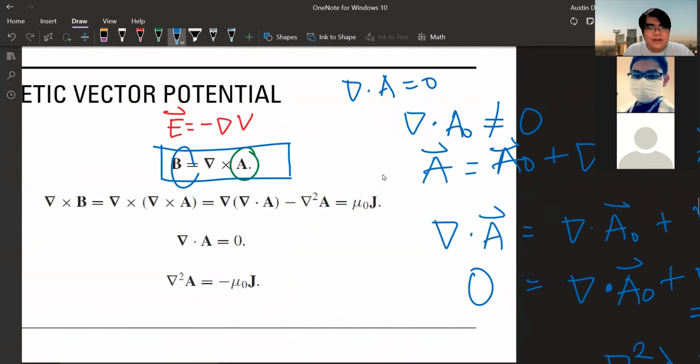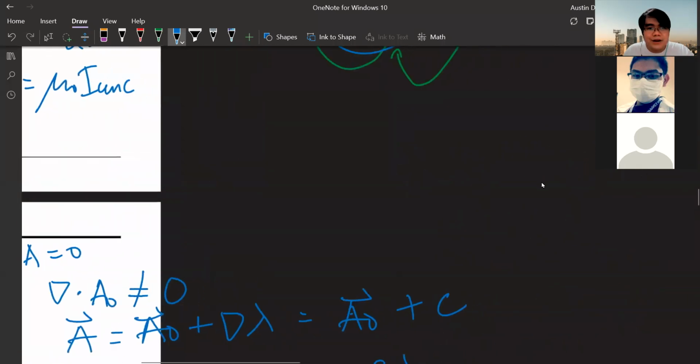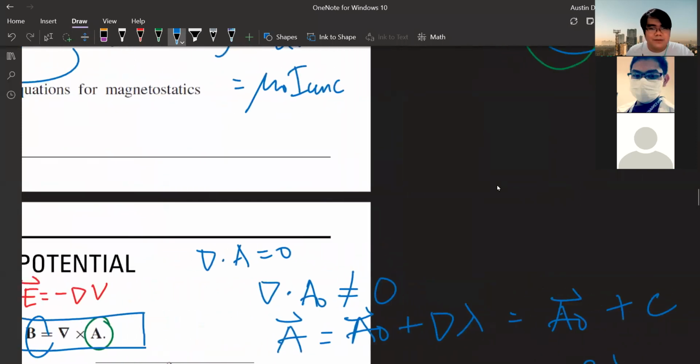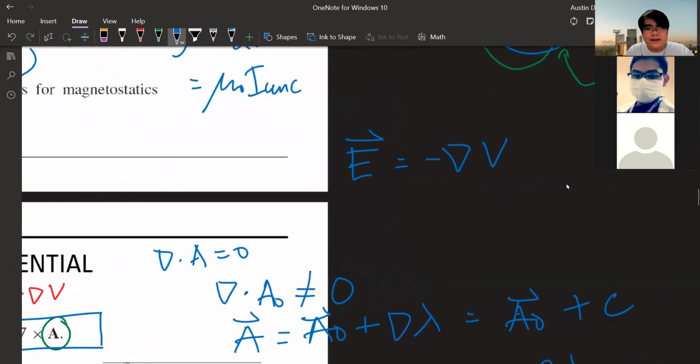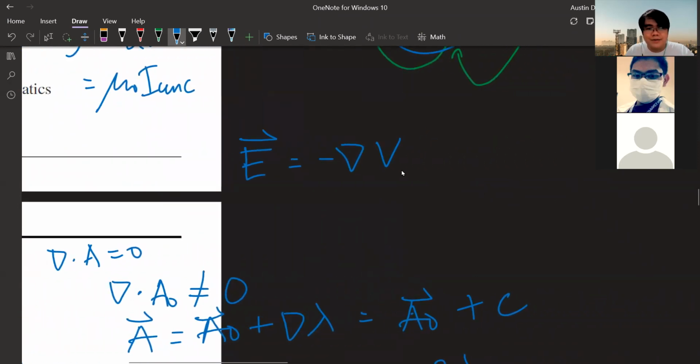So, anong similarity nito sa potential? Kung naaalala nyo sa potential, you can always add something to your potential. Ang essence ng pinagsasabi ko, sa electric field natin, sa electric potential, you can always add something here, di ba? Pwede ka mag-add ng constant and you would always actually have your electric field the same thing.